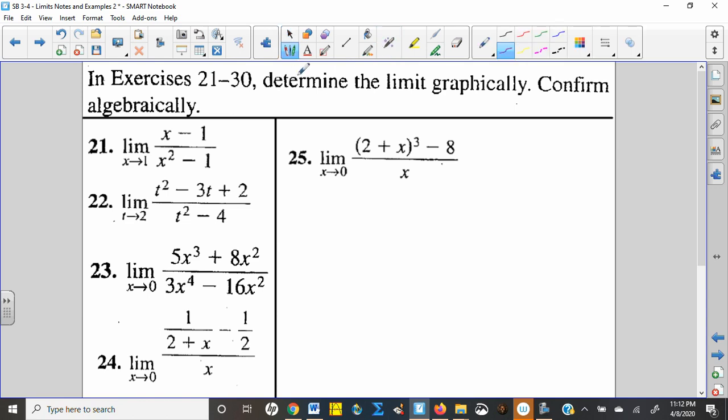We'll just do it real quickly. So I know that if I square 2 plus x, I get 4 plus 4x plus x squared. But there's still another 2 plus x that has to be multiplied.